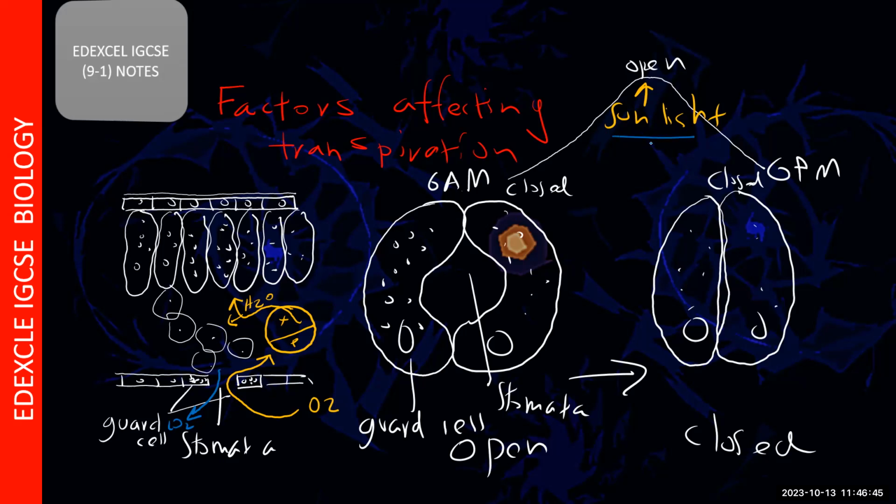When the sunlight intensity is higher, then the photosynthesis is higher. When the photosynthesis is higher, it needs a large amount of water, a large amount of carbon dioxide, and oxygen to release. As a result, the stomata open and the transpiration is high.